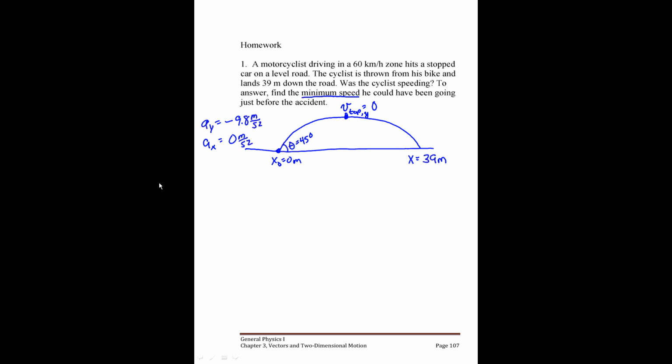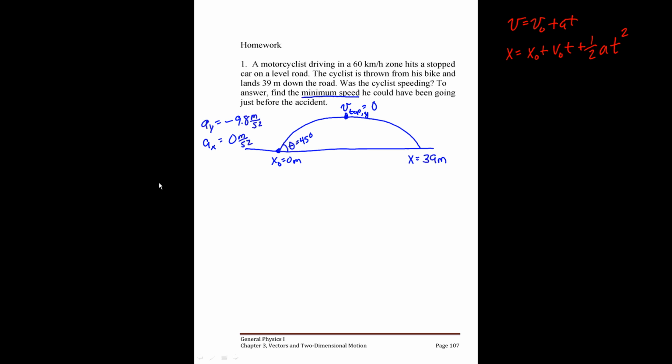that I'm going to write my equations over here to the side. Just like we did last chapter, V equals V naught plus AT, and then X equals X naught plus V naught T plus 1/2 AT squared. That's also true for the Y motion. All right?